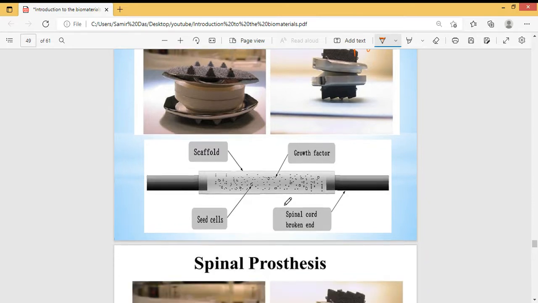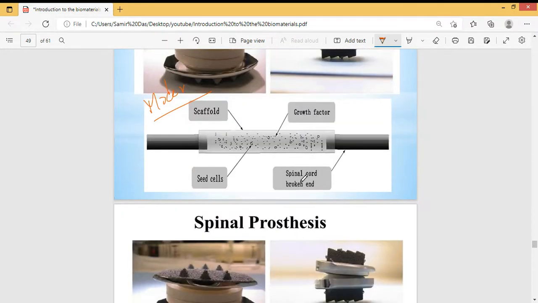Also, one thing we will discuss here is modern technology. Whenever we get a broken end in the spinal cord, where two vertebrae are discontinued, we make an arrangement like a vascular graft, and there we place the scaffold, the seeded cells, and the growth factor, so that the broken zone of the spinal cord is formed with new tissue.